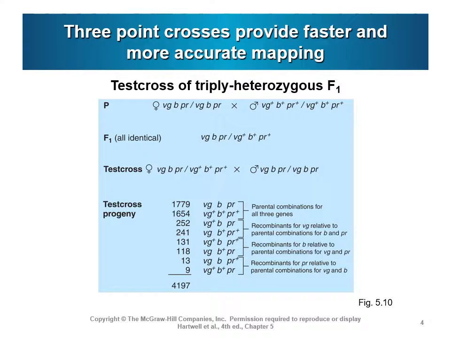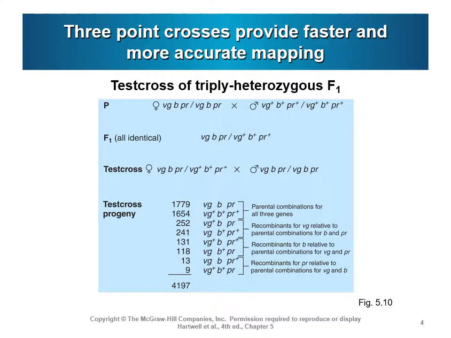Because of the simultaneous segregation, all the phenotype type 1 will be identical, and it will be VG, B, PR, and VG plus, B plus, PR plus.